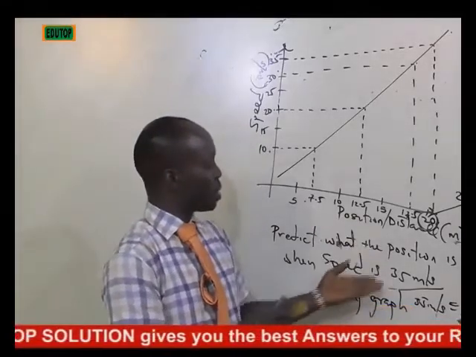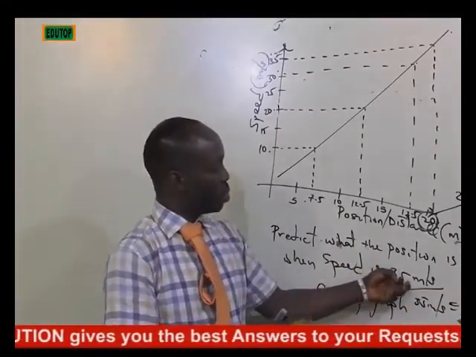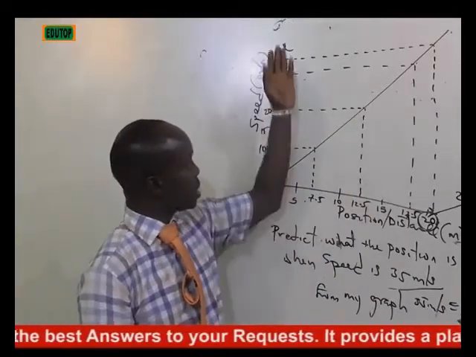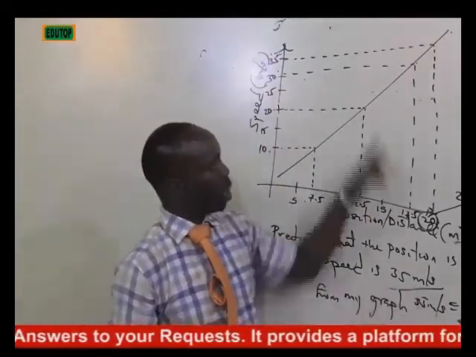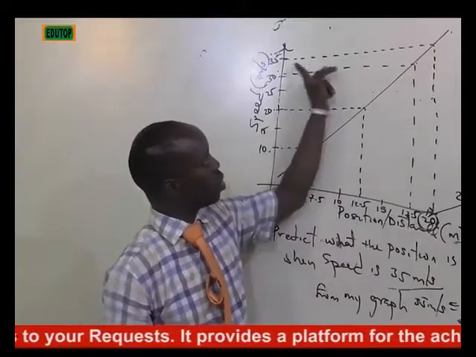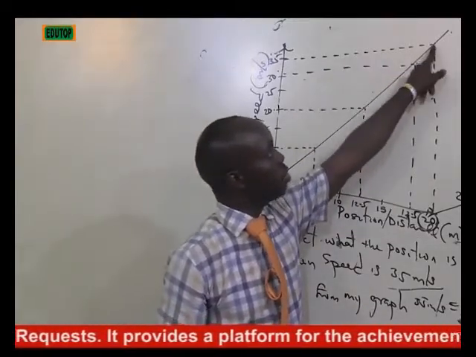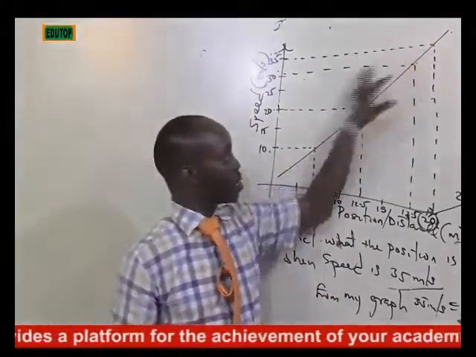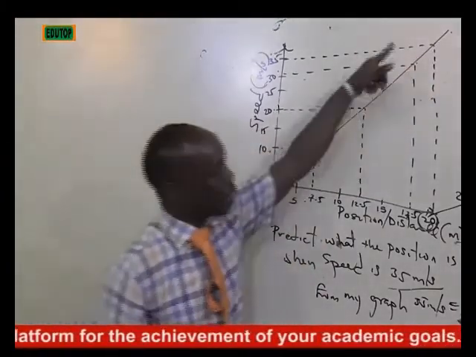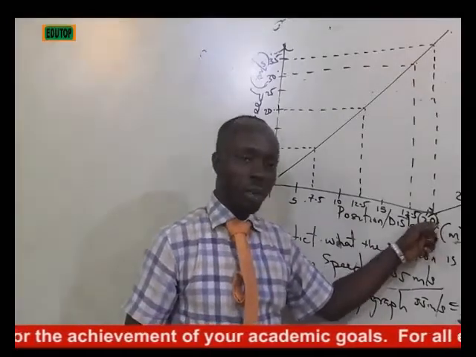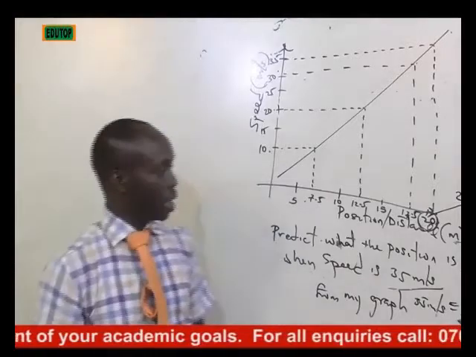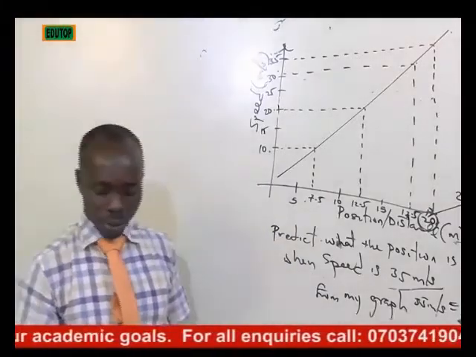If I'm given a particular value with respect to any of the scales, the horizontal scale or the vertical scale, how do I locate this? Just draw your broken line, and make sure it gets to the diagonal line connecting the initial value, and then bring it down. Whatever value cuts here, that is the particular value for that. So that is all about predictions.